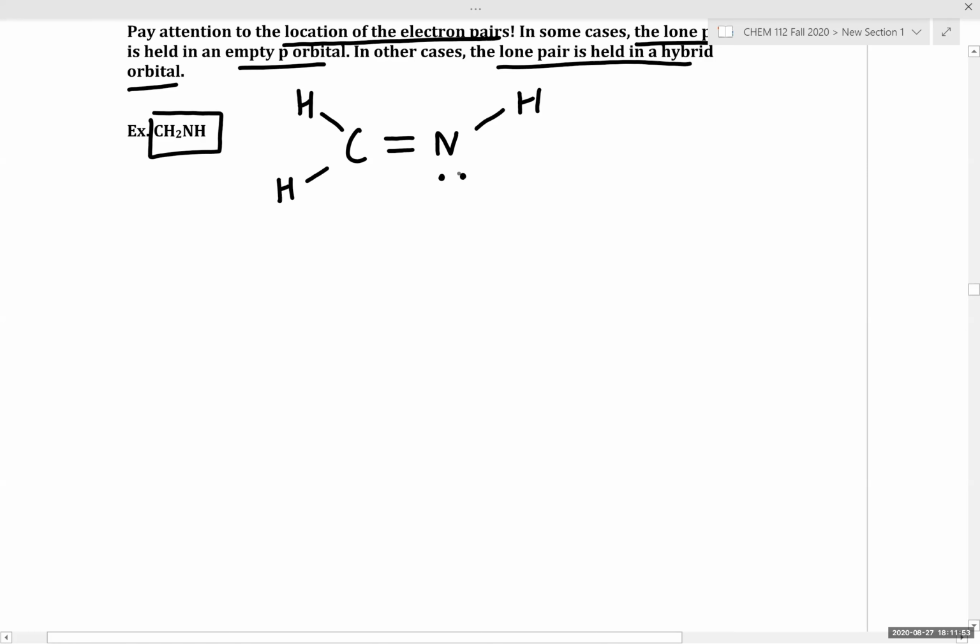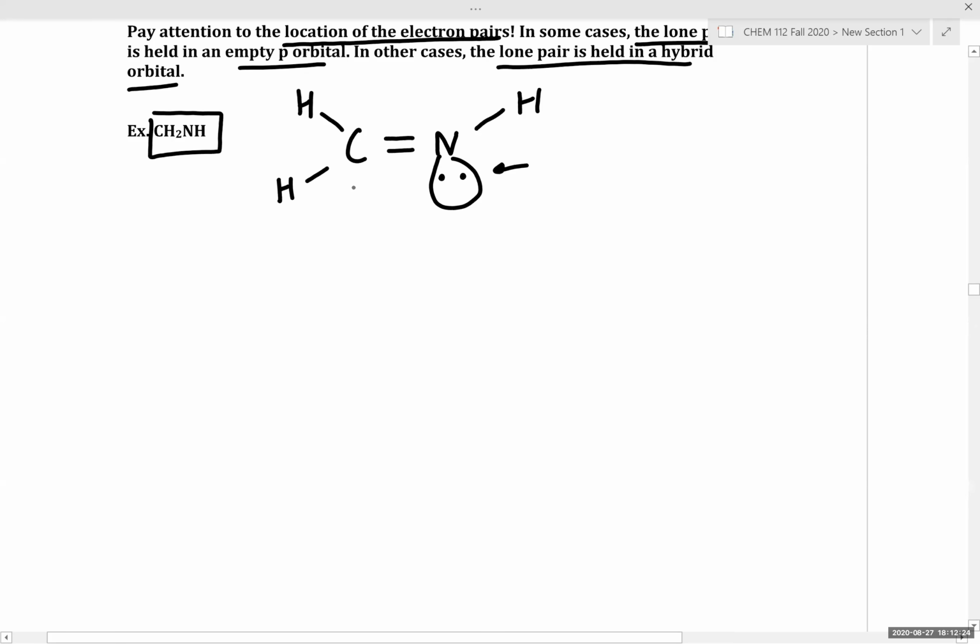So here's the Lewis structure for CH2NH, and immediately the first thing that we have to answer is: in what orbital is this lone pair located? If we can answer that question, we can begin to understand how that lone pair reacts and how acidic or basic it can be. So let's look at an example.